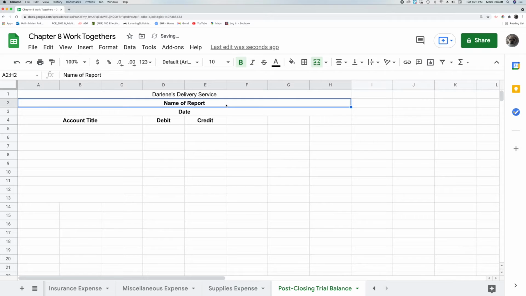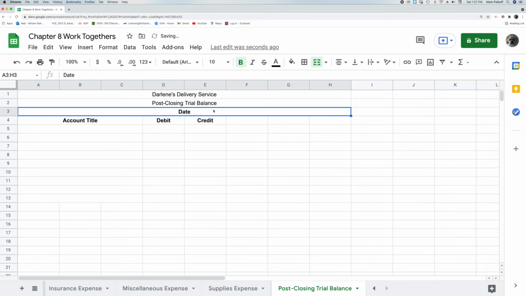Next, we're going to put in the name of the report, and this is going to be a post-closing trial balance. After that, we're going to put in the date, and this is going to be July 31st of the current year, which is 2021.